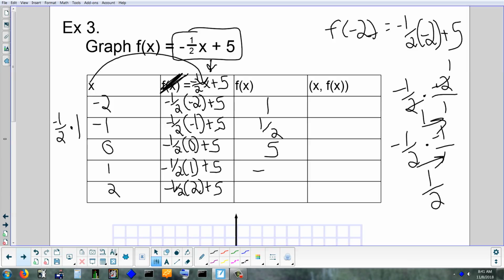And anything multiplied by 1 is just going to be itself, so I'm going to get a negative 1/2. Does that make sense? But then you have to plus 5. Oh, yeah, I screwed up on these, didn't I? I didn't add the 5. Whoops. Let's fix those. I'm sorry, guys. That'll be 6, and this will be 5.5. Sorry about that, guys. And this will be 4.5, correct?